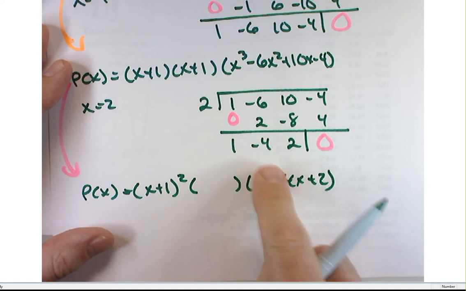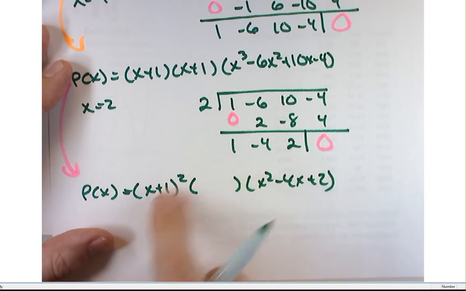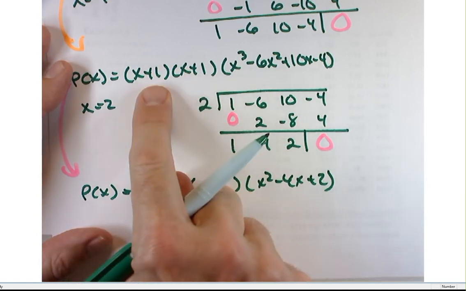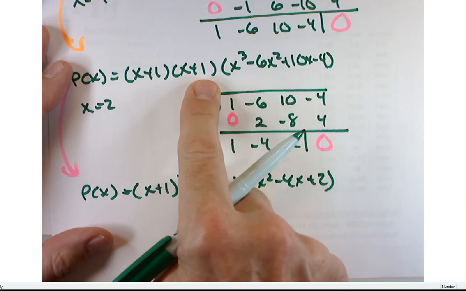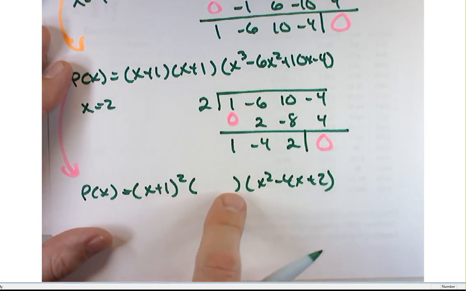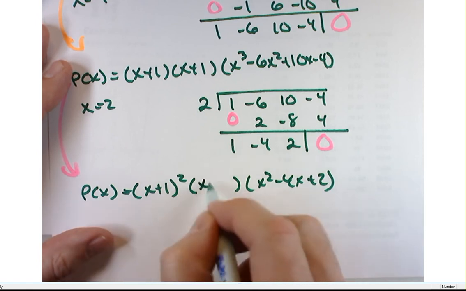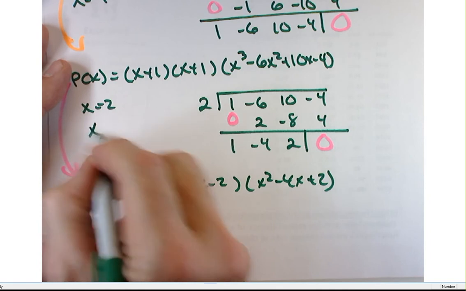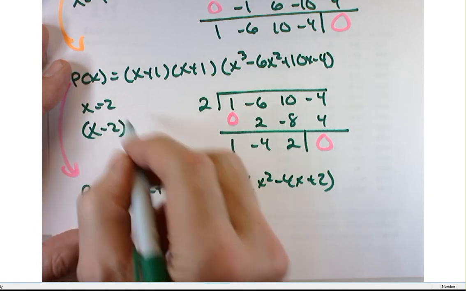Good. There's also this stuff out in front here. We have the x plus 1 and the x plus 1 up here, which I wrote as x plus 1 squared. And there's one last little piece that I got to put here. X minus 2, corresponding to this term right there.